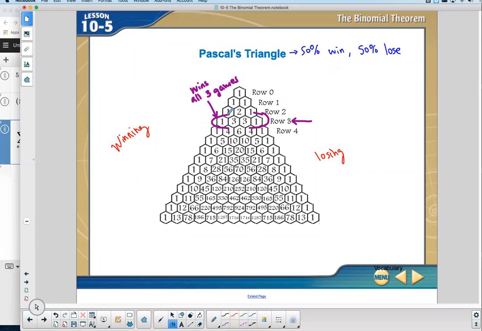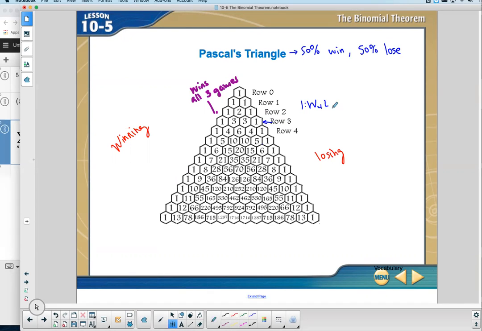Let me erase that so you can see it better. For every one person who wins all 3 games, you'll have 3 people who win twice but lose once. You'll have 3 people who win once, lose twice, and you'll have 1 person who loses every game. So it'll start to look like this. I'm going to do W's and L's here. Sorry, I'm on the wrong row.